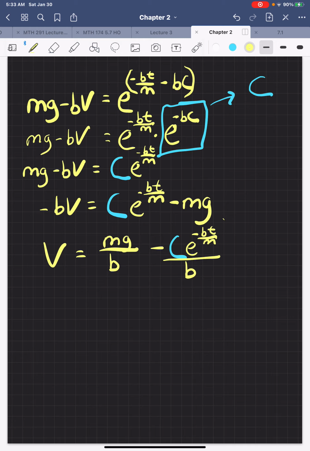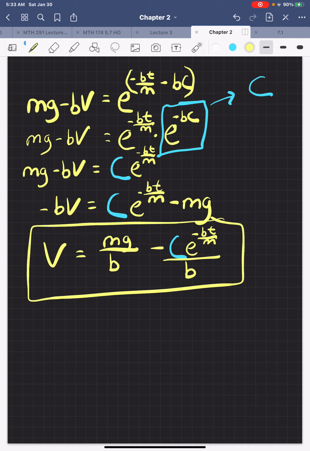So we started off with Newton's second law, and we were able to turn it into a differential equation, which we were then able to separate. And we were then able to solve that differential equation. And what have we solved for? Well, we now have solved for the velocity.